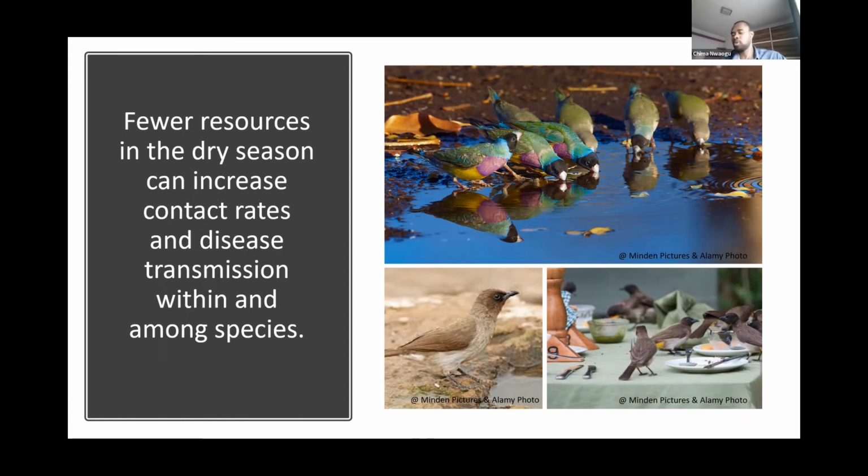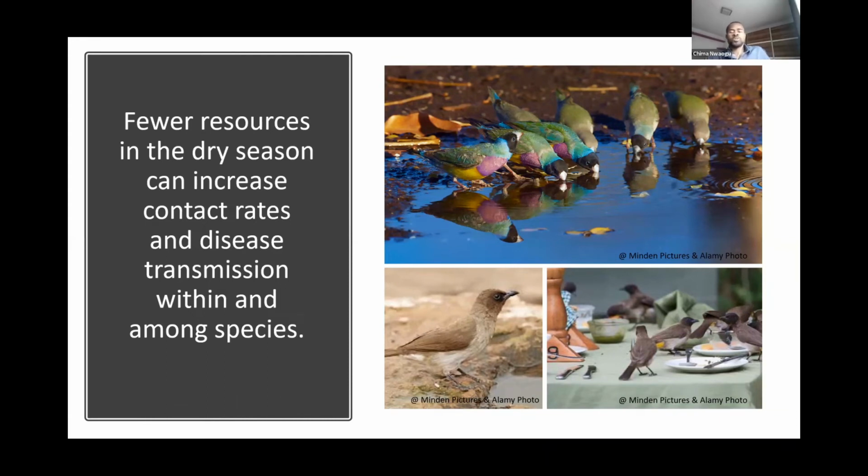So we expected more ticks and more mosquitoes, more malaria, more bacteria to be more abundant in the wet season, and this should make birds sick. But we don't see that, at least from immune function, we don't see that birds were likely to be dealing with higher infection risk in the wet season.